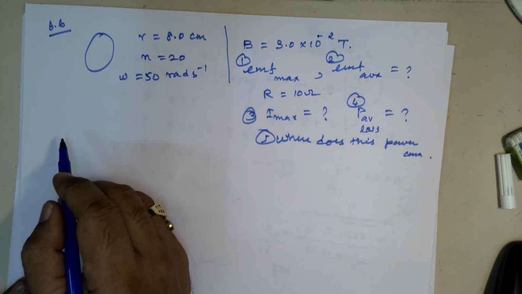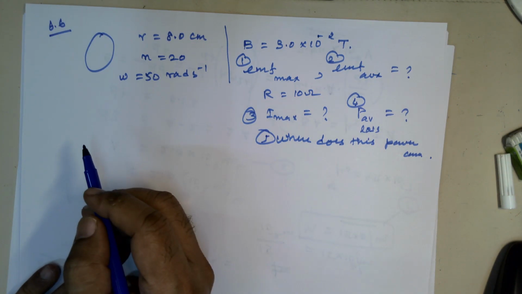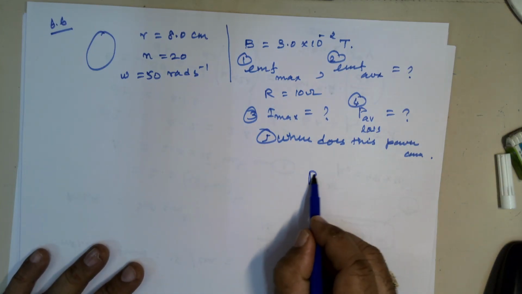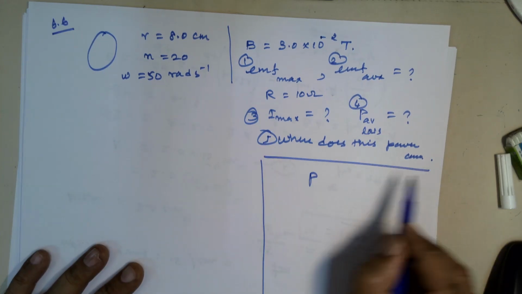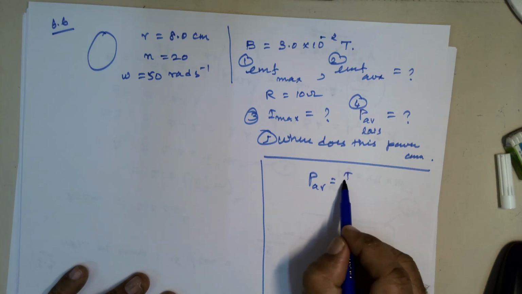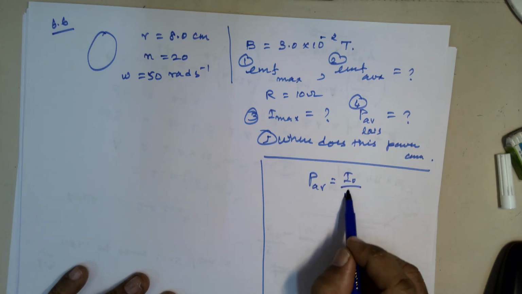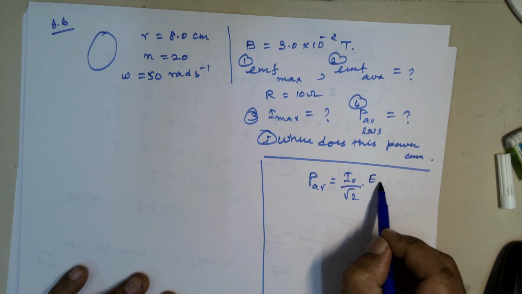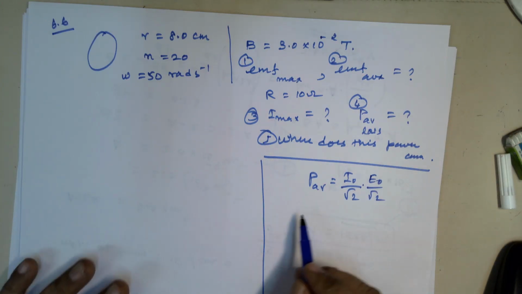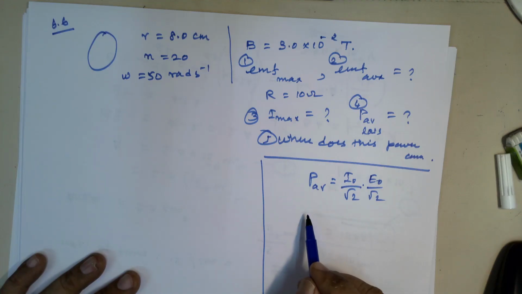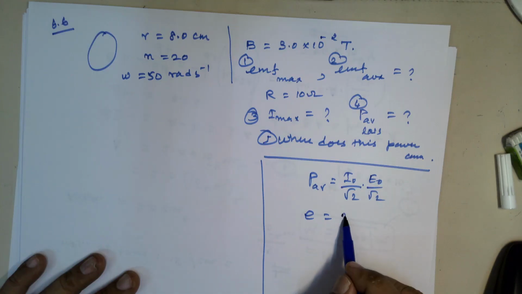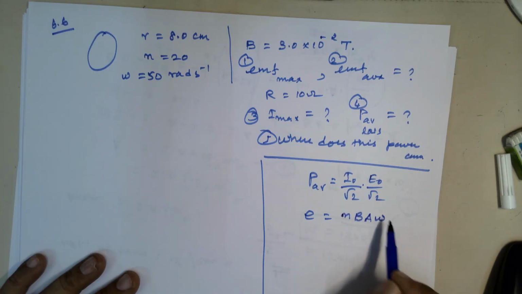Now the concept here is the power formula. P average is given by I naught divided by root 2 into E naught divided by root 2. Then induced EMF E is equal to NBA omega.